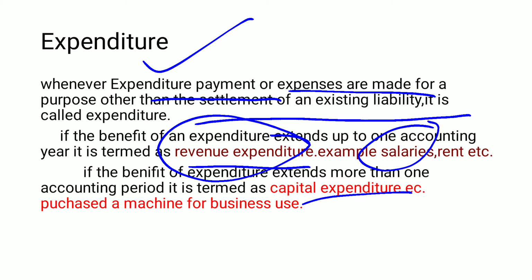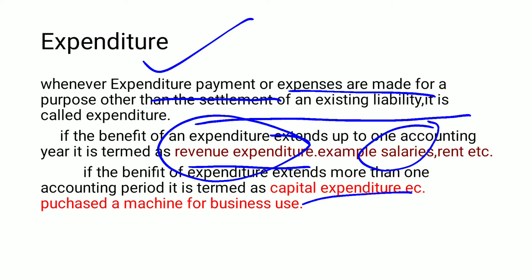The current year benefit is there from the salary paid to an employee. If its usefulness is limited to one current accounting year, then that expenditure is treated as revenue expenditure.